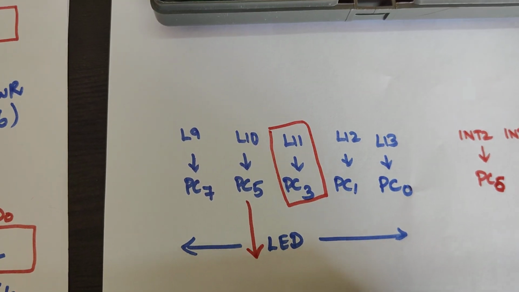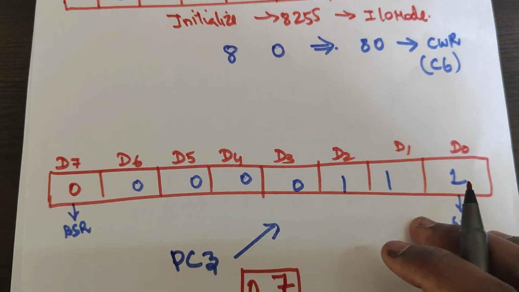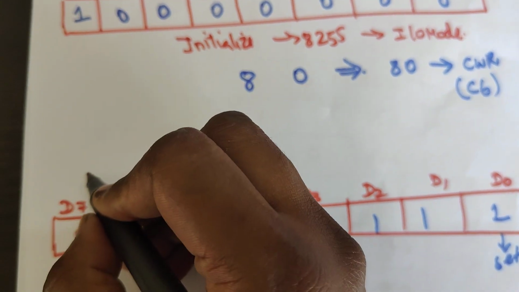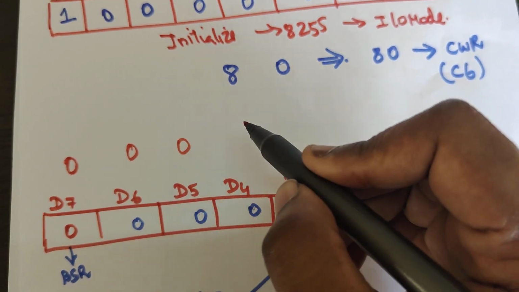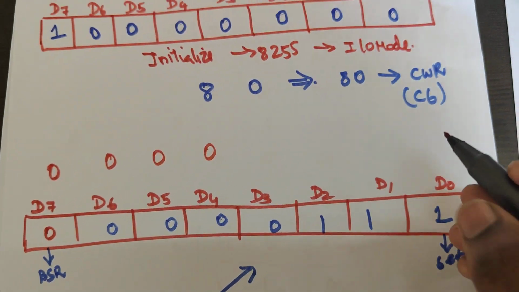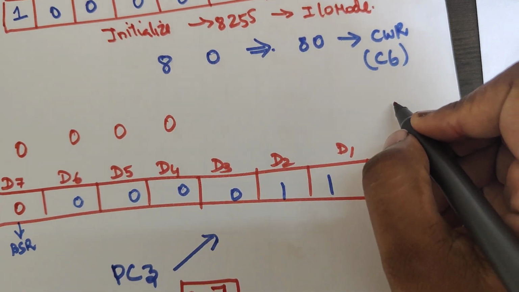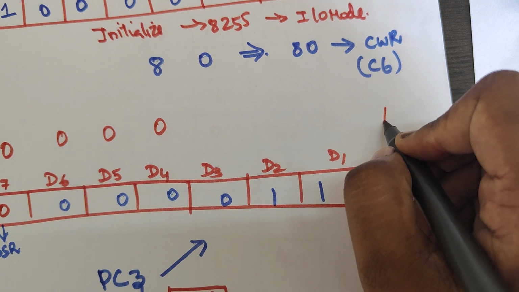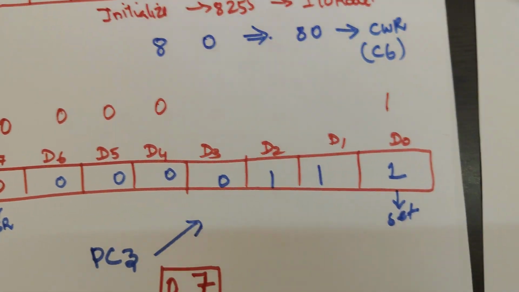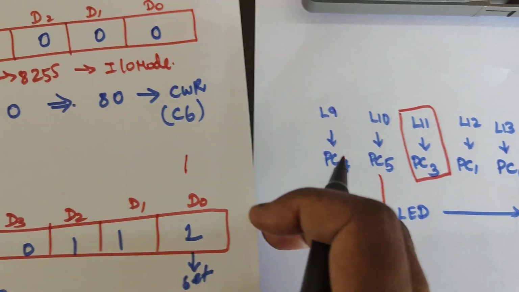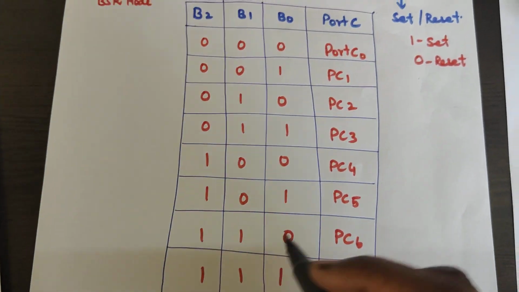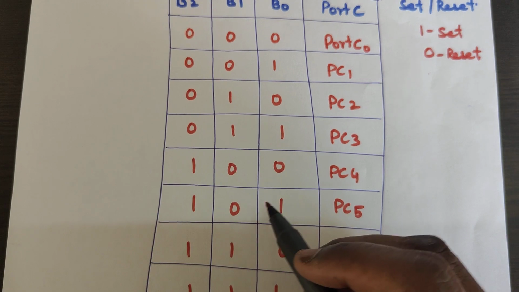So what happens? You have to initialize your BSR mode. D7 will be 0, and D6, D5, D4 will also be 0, and D0 is the bit to set the port C particular bit, so it will be 1. I'm going to set PC5, so you have to find out what your PC5 value is. Your PC5 value will be 101.